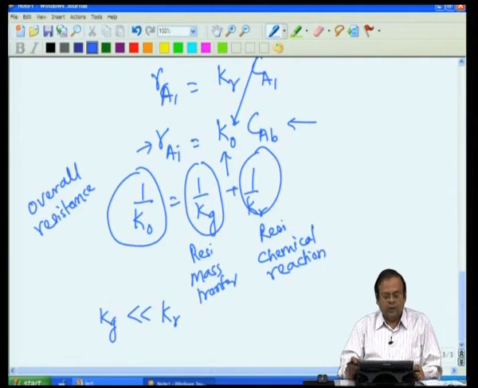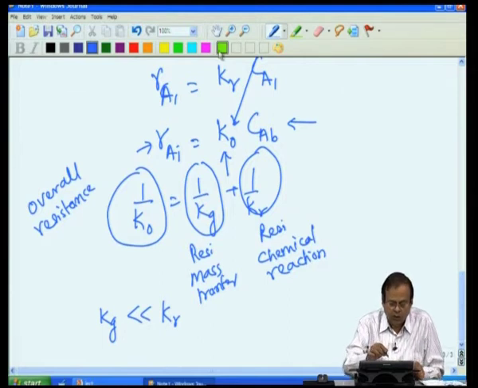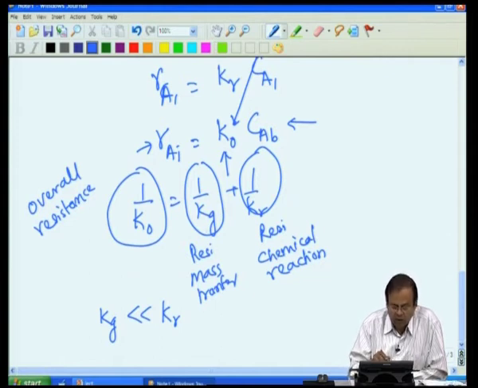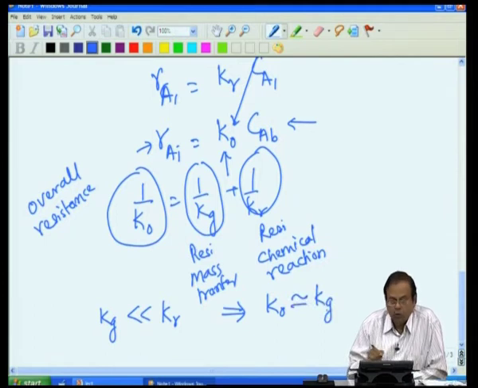So, let us say that our mass transfer coefficient is very much smaller than the reaction rate constant. For this particular situation, what will we get? 1 over Kg will be very much larger compared to 1 over Kr, to the extent that we can neglect 1 over Kr, and this would imply K naught is almost equal to Kg. This is when mass transfer resistance is large.